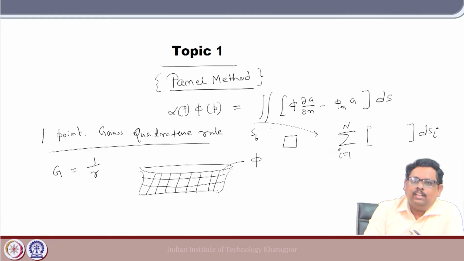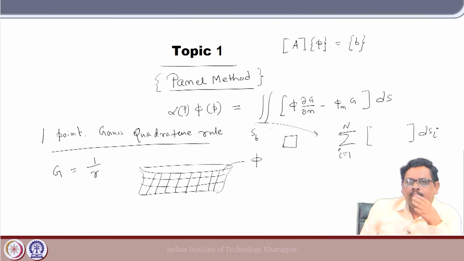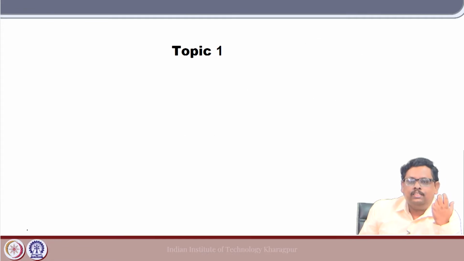Then we come to a matrix equation, the matrix A into phi equal to some known quantities B, and how I solve for phi, and then how I calculate the added mass in the infinite fluid domain. While doing this we also learn how to compute a few geometric parameters through paneling.